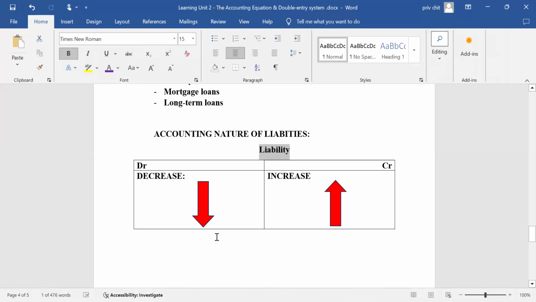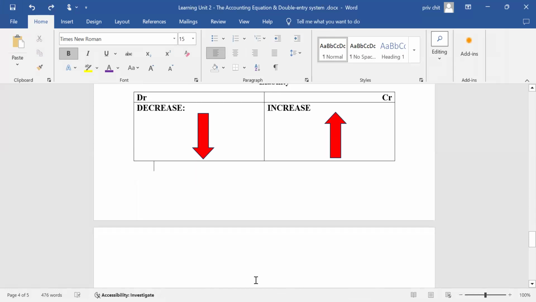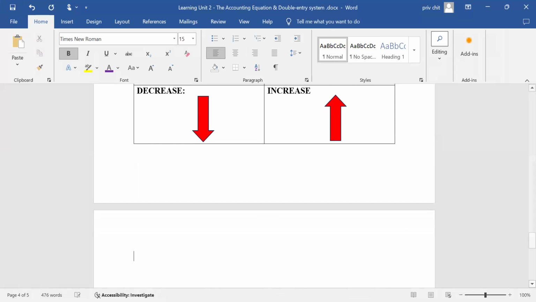They decrease on the debit side and they increase on the credit side. But we want to understand, okay, fine, we get the analogy that they increase and decrease on different sides. But now, let's explain what causes liabilities to increase.